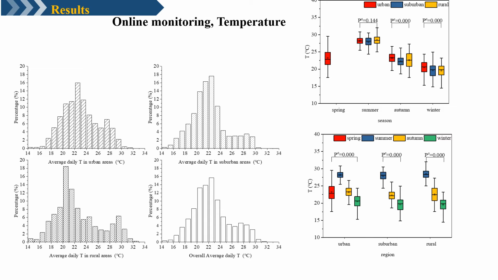All the classrooms we have monitored had a natural ventilation system. There is no air conditioner. Thus, these indoor temperature variations may reflect the outdoor air variation in different seasons. Urban areas consistently had relatively higher temperatures than suburban and rural areas. This may reflect the heat island phenomenon in urban areas.